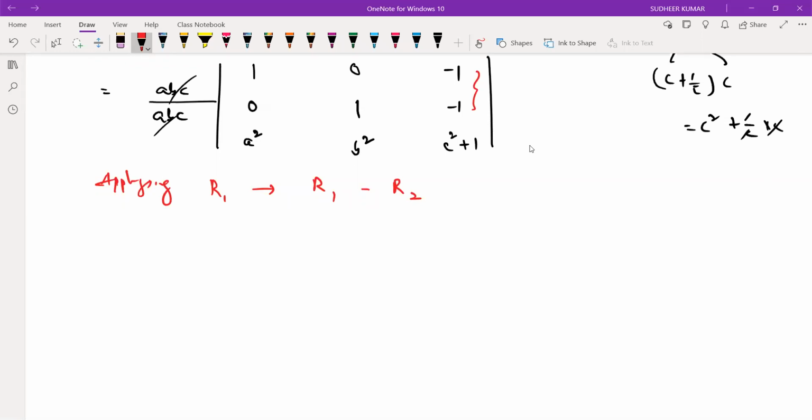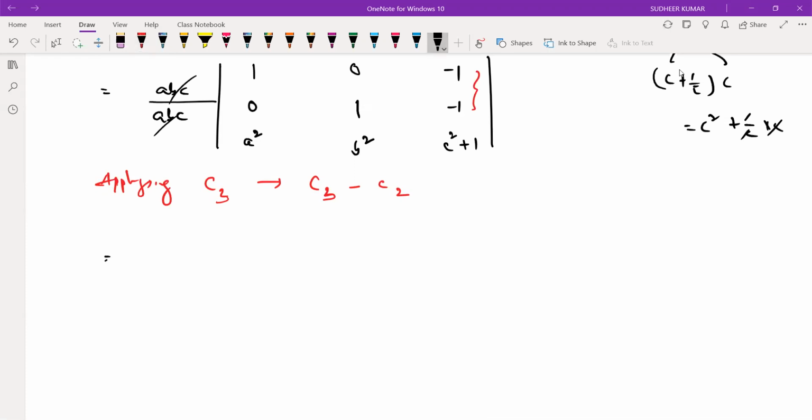But if we change this one, we will get it as here it is 1, so there is no use. Apply C3 changed as C3 minus C2.